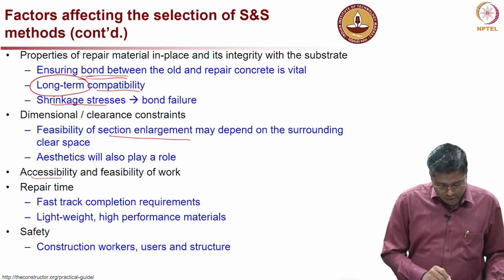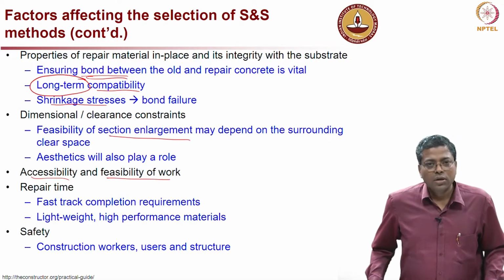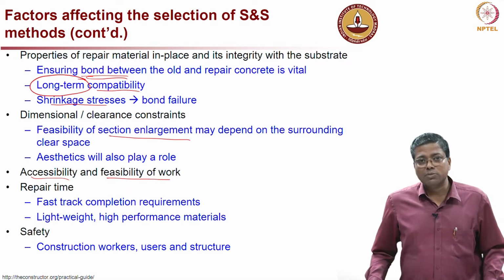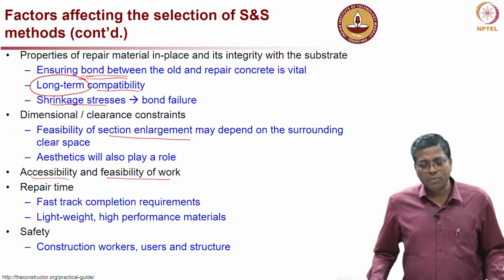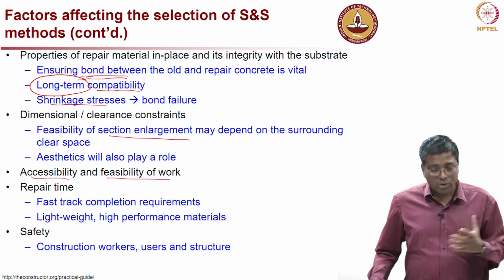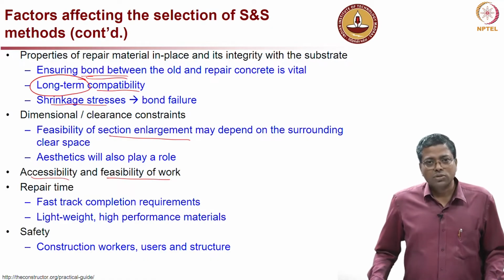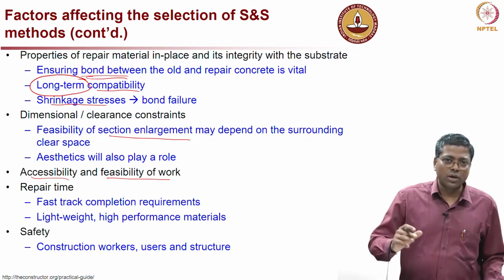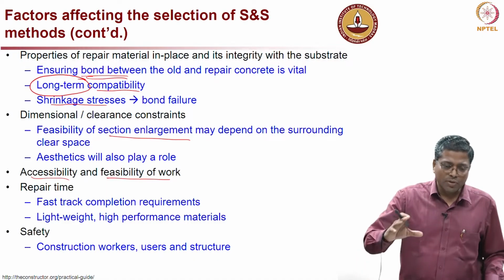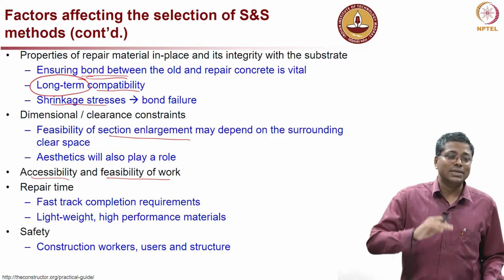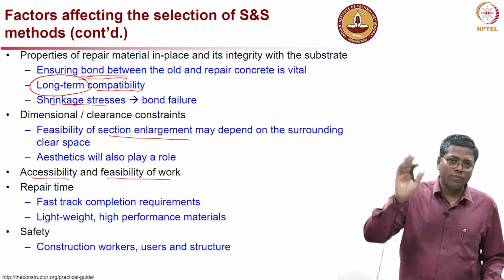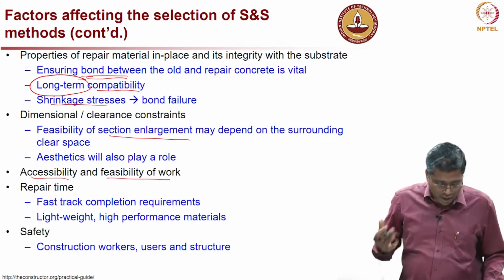Now, accessibility and feasibility of the work. So, all the repair techniques may not be very easy to implement at every location on a particular structure. If you are talking about a high rise building, something which can be done very easily on a ground floor level may not be that easy to do on a wall element which is at a particular height.